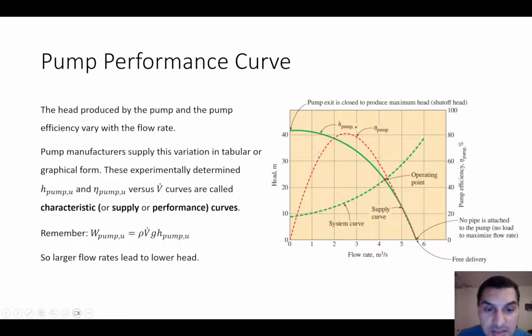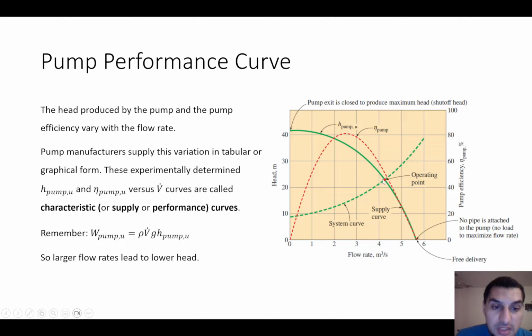As long as I'm operating in this region where the actual head that the pump can provide is more than the needed head by the system, then the pump is fine. I can use the pump and I have no problems until we get this point of intersection, which is called the operating line. This is where my needs are equal to what the pump can provide.